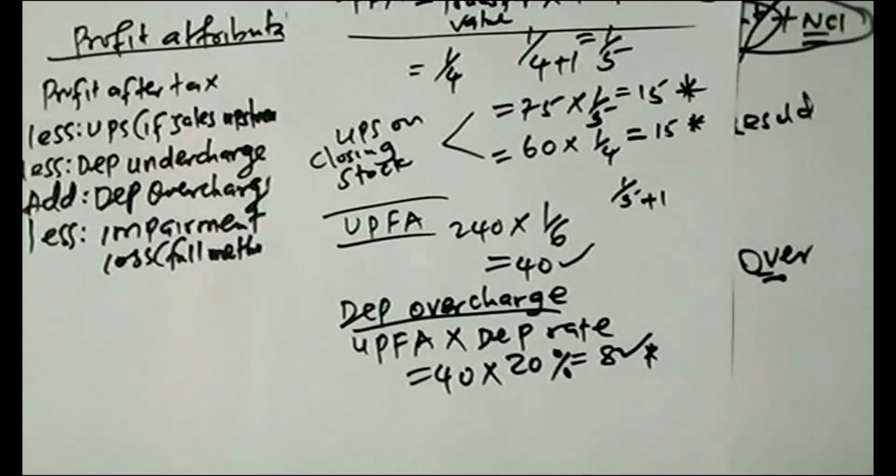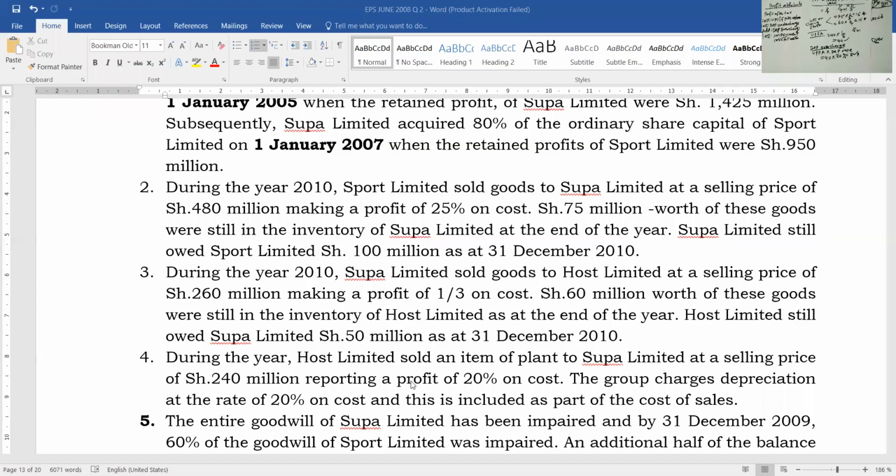And this was concerning which entity? Was it super or spot? Who sold this entity? So it was not 4. During the year, host sold, but he sold to super at the selling price. So this was concerning goods sold. Oh, this was concerning fixed asset.